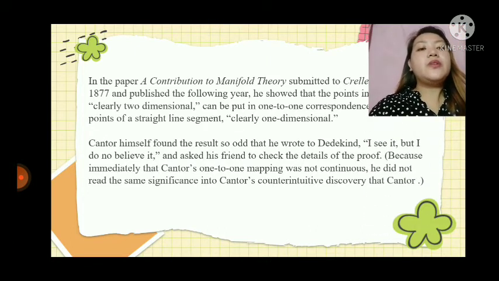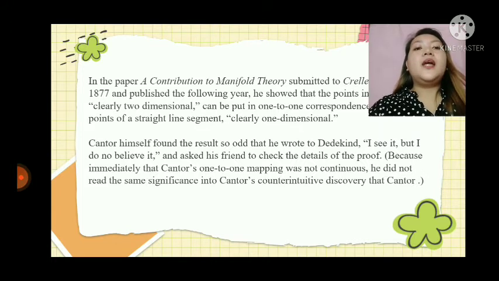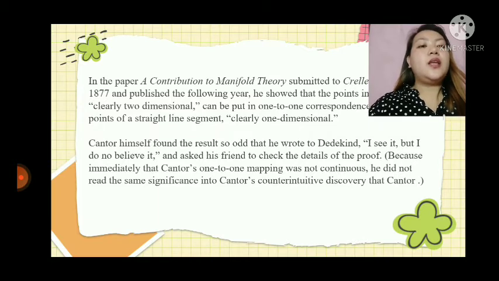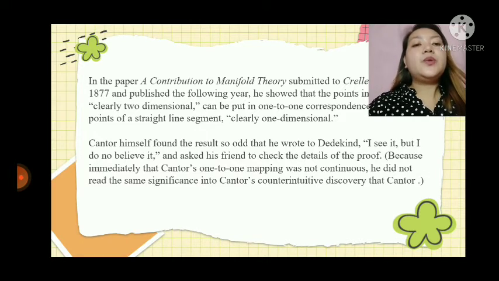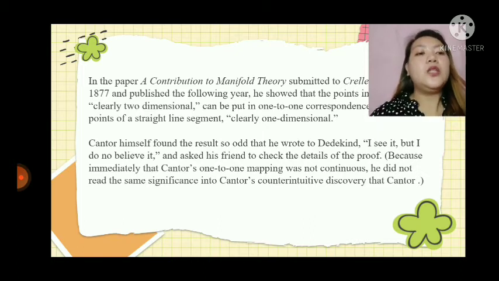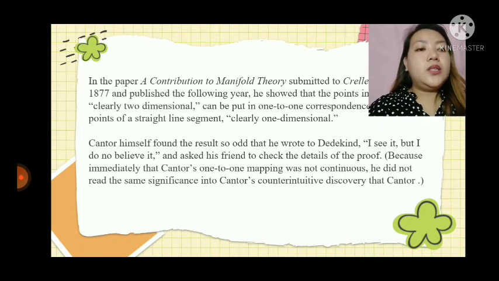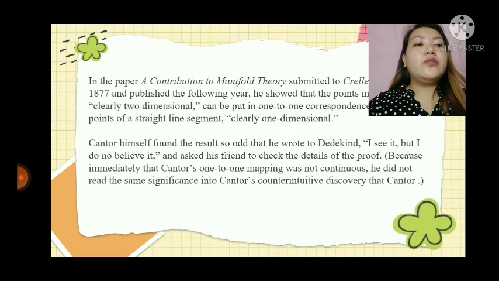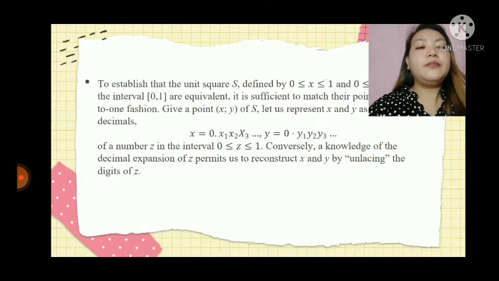Cantor himself found the result so odd that he wrote to Dedekind, 'I see it, but I don't believe it,' and asked his friend to check the details of the proof. Dedekind saw immediately that Cantor's one-to-one mapping was not continuous, so he did not read the same significance into Cantor's counterintuitive discovery that Cantor did.